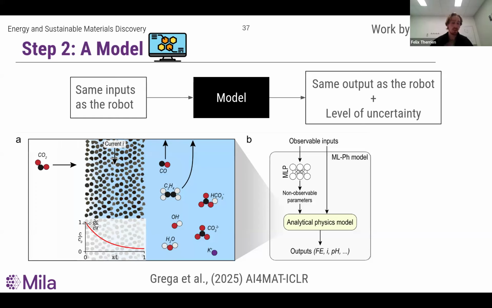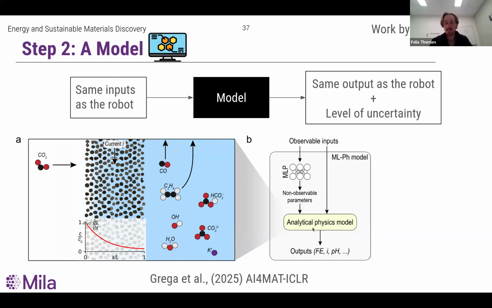So things that we don't know, like rates. And then puts that in the analytical model, which then predicts a Faraday efficiency, which means now we have this loop from the inputs of the robot to the same output of the robot going through a physics model.